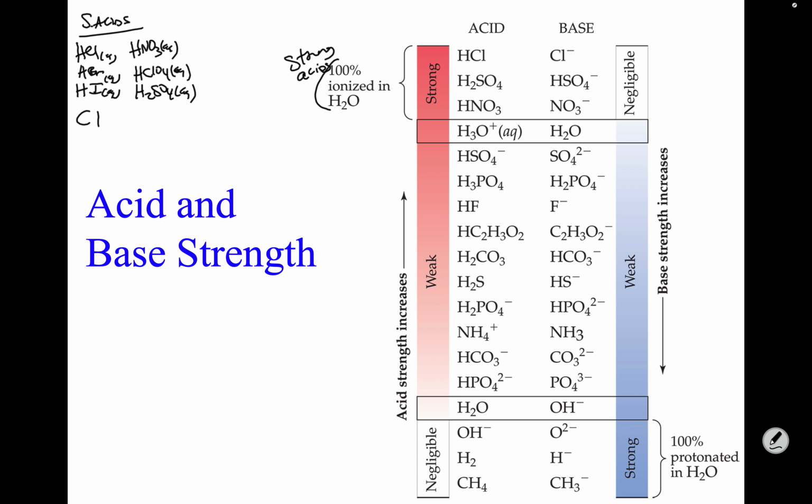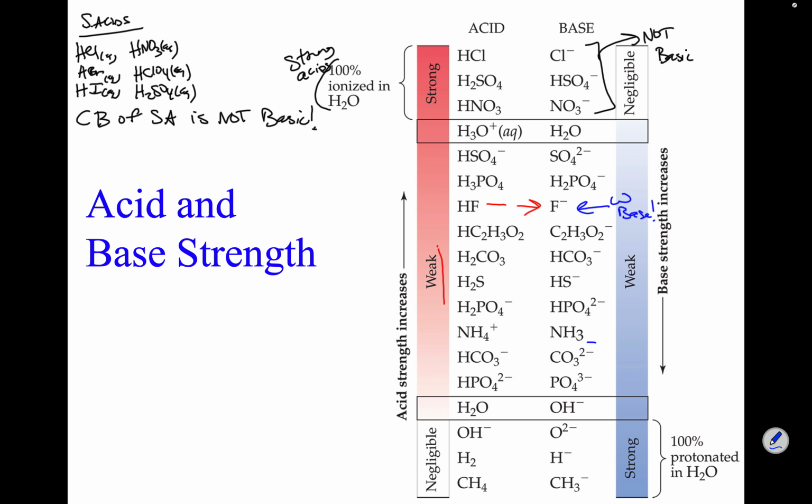So the conjugate base of a strong acid is not basic. That's what this means. Negligible means not basic. But if I have a weak acid, its conjugate base is a weak base.